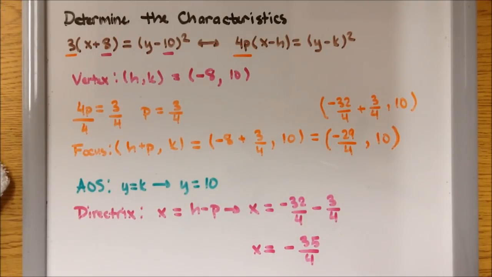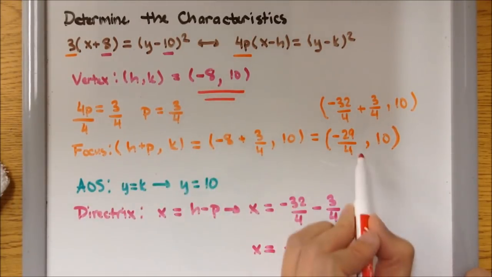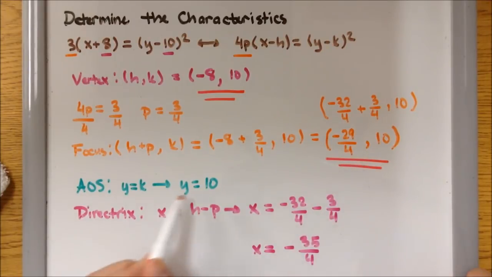When it comes to graphing, you will need decimal, but only for graphing. Alright, so that's all I needed. So here's the vertex, here's the focus, the axis of symmetry, and the directrix for this example.